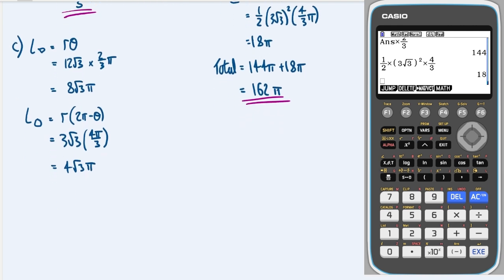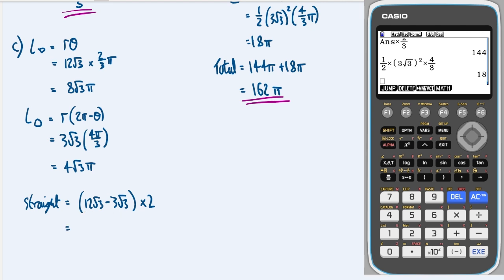And we also needed those radii. We needed the straight edge. That was the difference between the two radii, and then there were 2 of them.